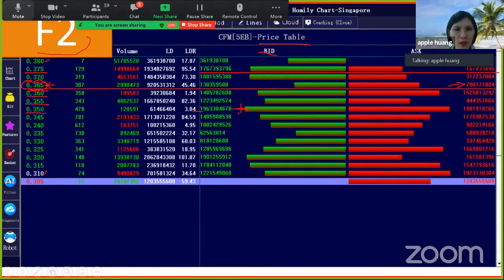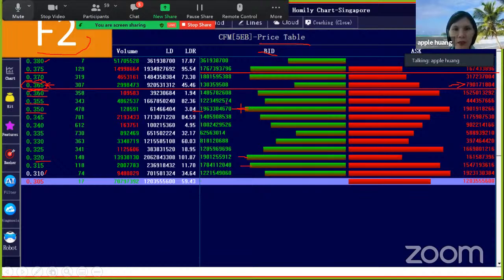So the most bid volume is at 35 cents. The next highest bid volume is at 32 cents. Then the next one is 31.5 cents.